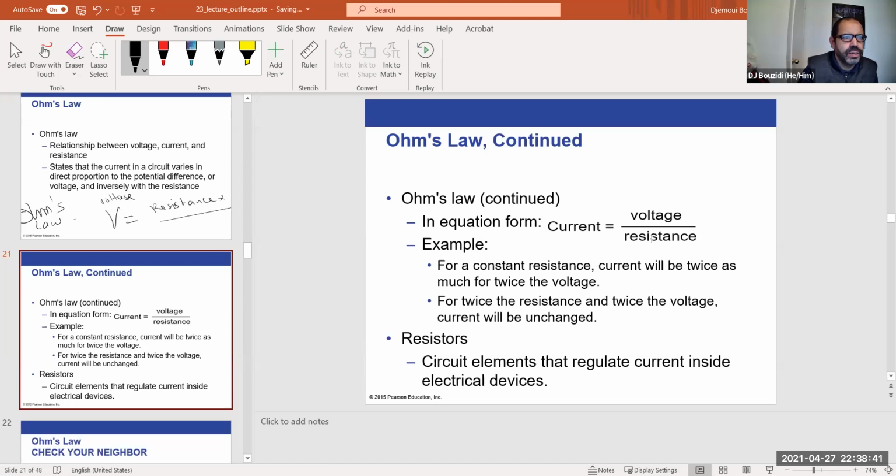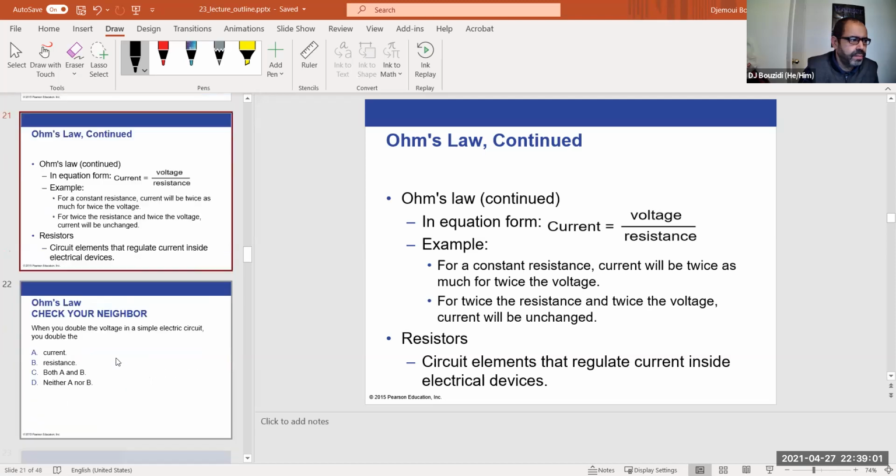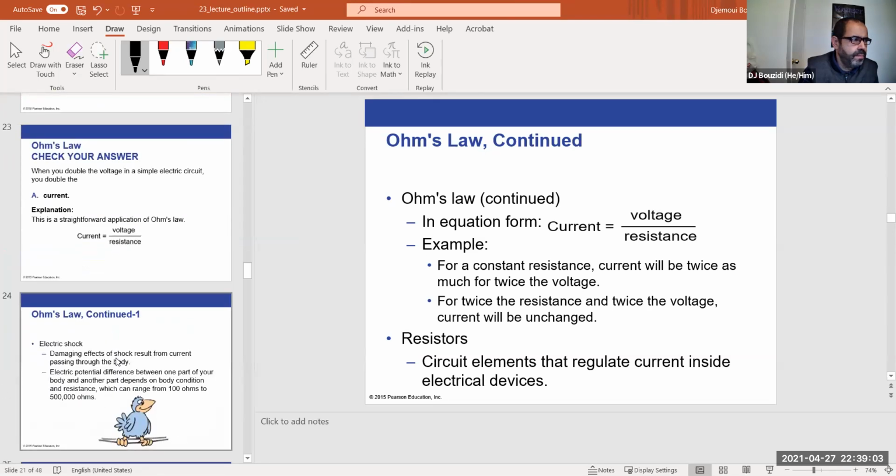Voltage is resistance times current, or current is voltage over resistance. Because of this relationship, resistance can tame the current. You don't want too much current flowing through a circuit, or probably you would want it the opposite way. So they're an essential component to it.